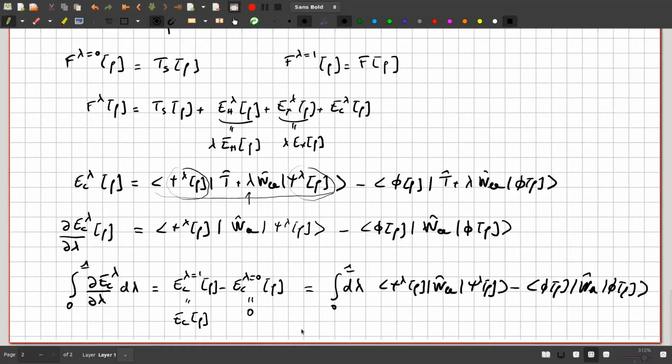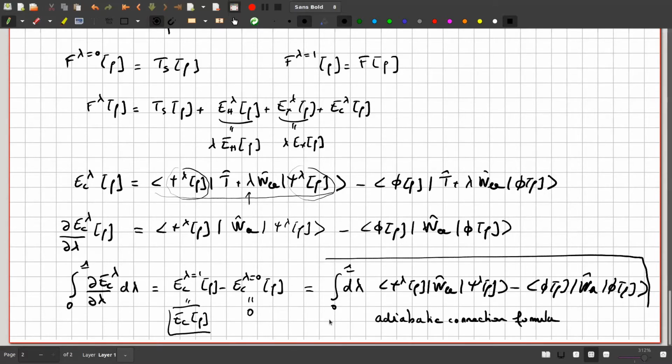Okay, and so therefore I have obtained what is known as the adiabatic connection formula for the correlation energy. The correlation energy is given by this expression, which is a very useful one.